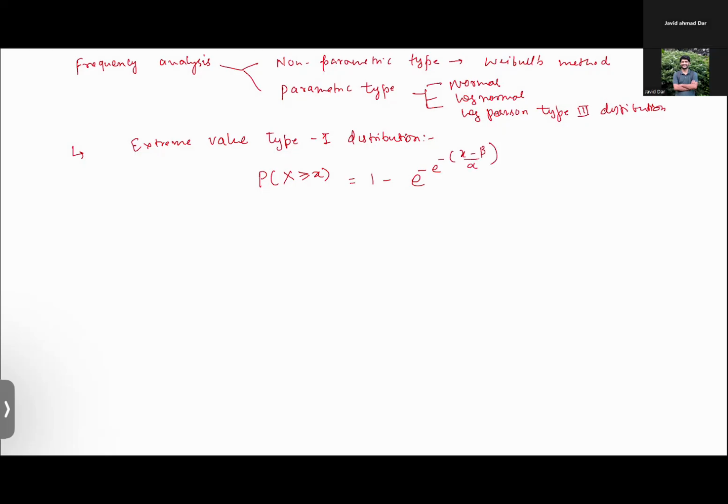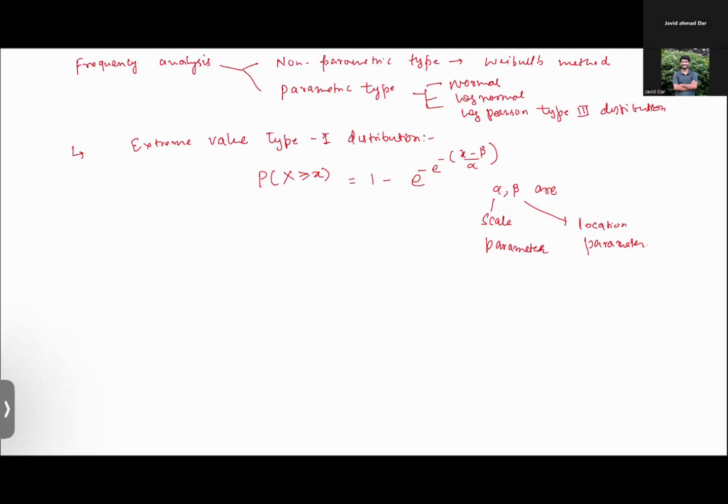So this is the general form of the distribution where alpha and beta are parameters. Alpha is called the scale parameter and beta is called the location parameter. The analogy can be thought of from the normal distribution where you had two parameters.